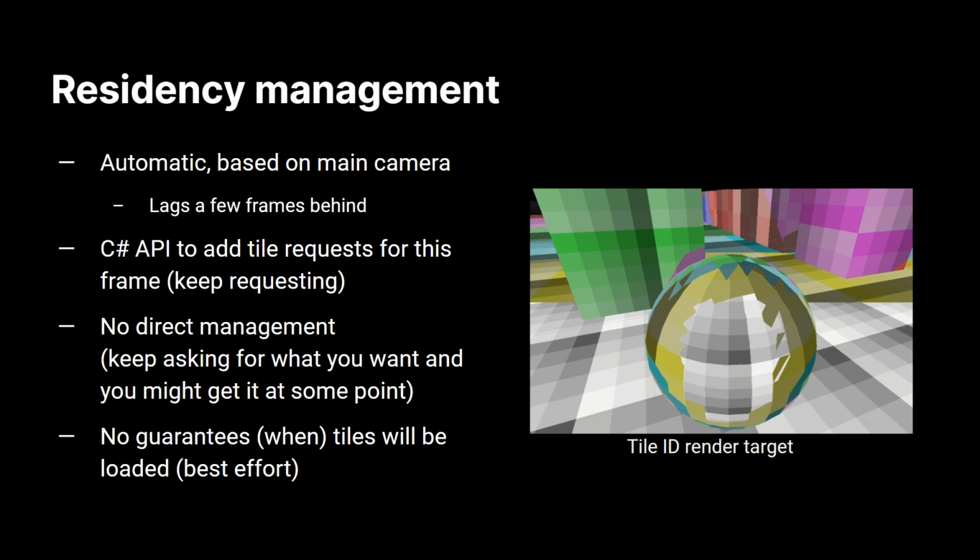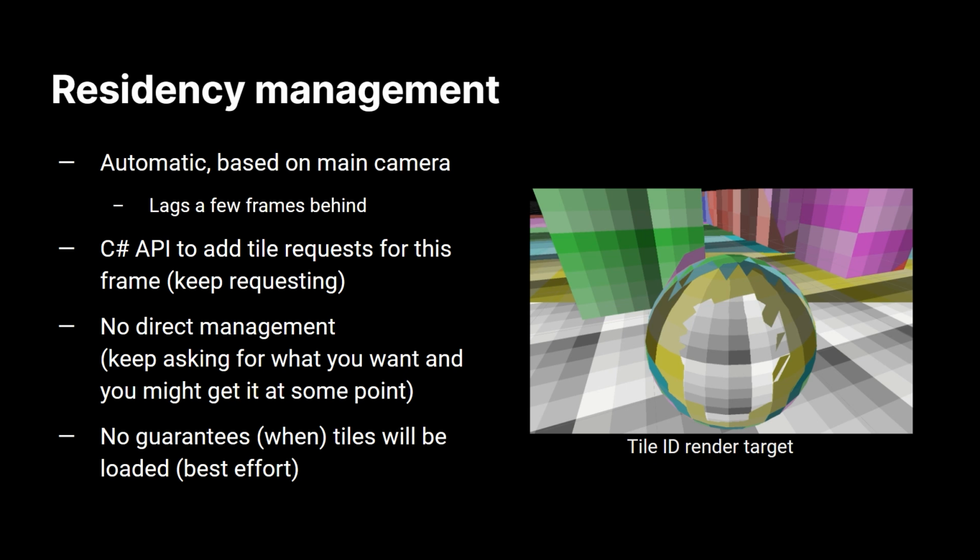We bind an additional render target, render the tile IDs to that render target, and then every frame we copy that render target back to the CPU to process which tiles were actually rendered, and this way we know perfectly which tiles are actually sampled.